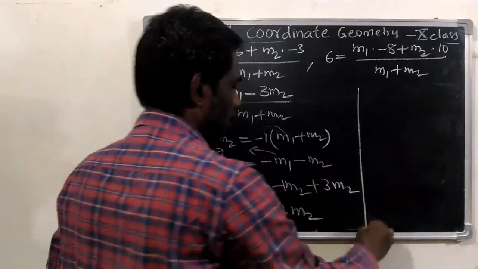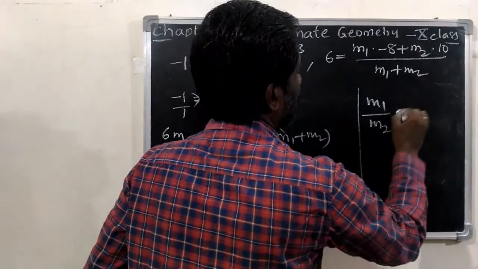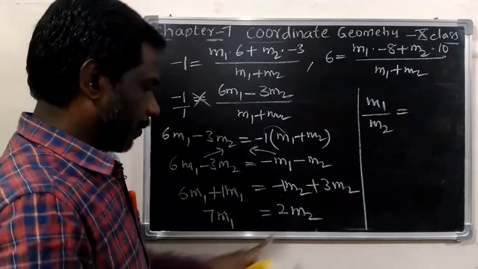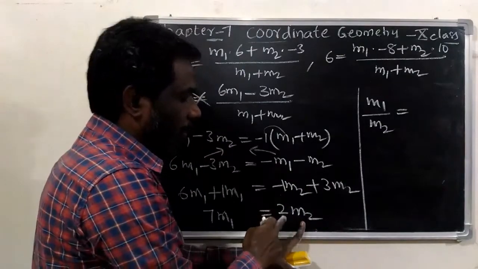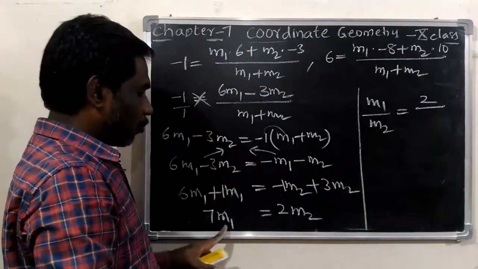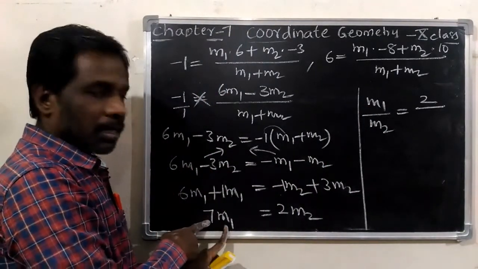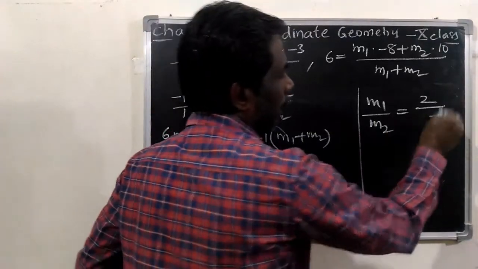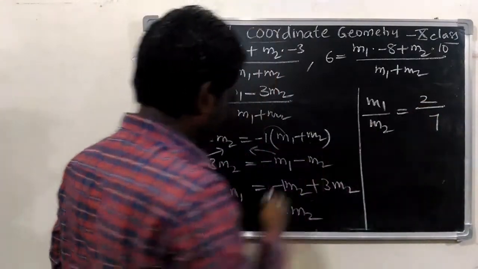After this, write m1 by m2 is equal to, here we have taken this m2 in the denominator, that's why we write this 2 in the numerator, and m1 I am taking in the numerator, that's why this coefficient 7 goes in the denominator. If we cross multiply it, we get the same thing.